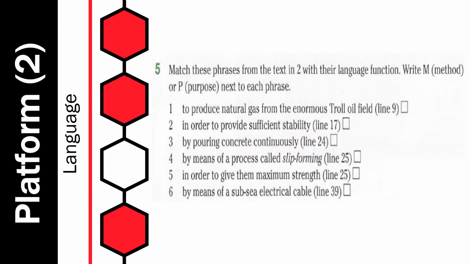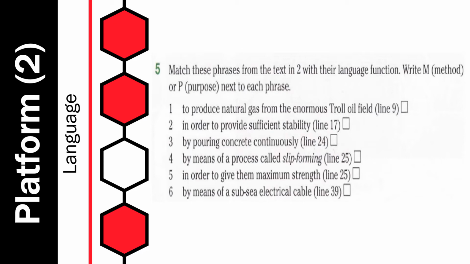Dear students, I want you now please to move to your course books, page 61, and have a look at exercise number 5. The exercise says match these phrases from the text in number 2 with their language function. Write M for method or P for purpose next to each phrase.